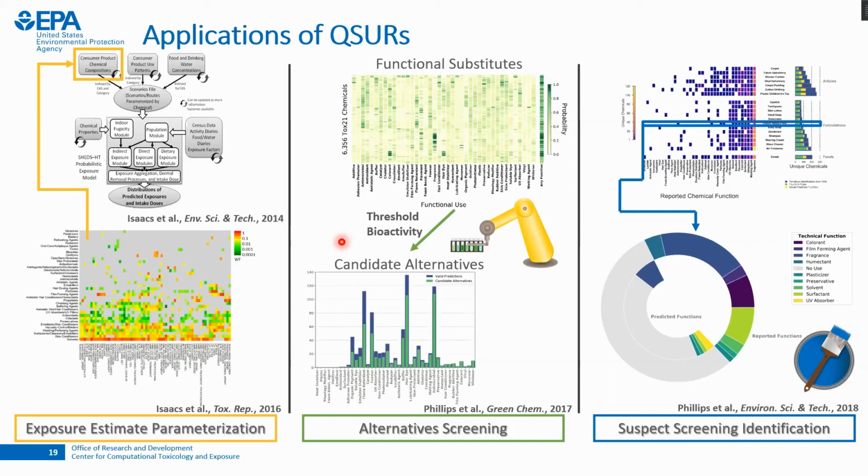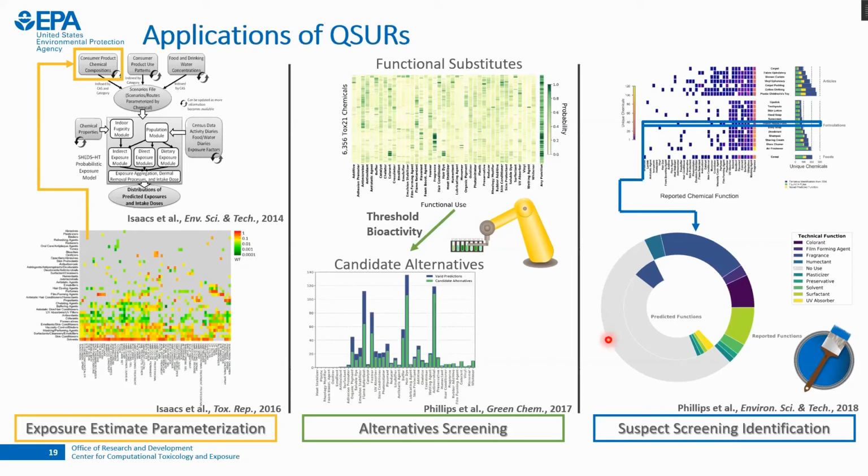Can we look at any of the predicted chemicals and say they have a lower bioactivity, but could also serve that same functional role? And so using that sort of information, we were able to predict candidate alternatives that could potentially serve the same functional use, but also had lower bioactivities. And we proposed this as a method of screening large libraries of chemicals as candidate alternatives.